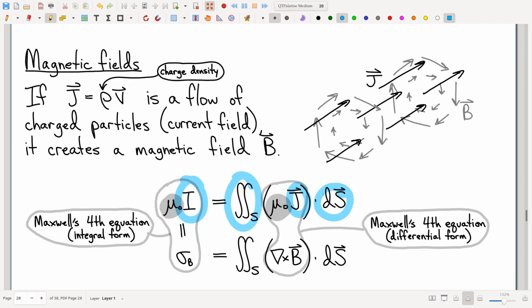The current field, J, is a vector field representing the flow of a fluid. Flux of a vector field representing the flow of a fluid is what tells you how much of that fluid per unit time. That is current. Right? So this equation down here, again, pretty direct.